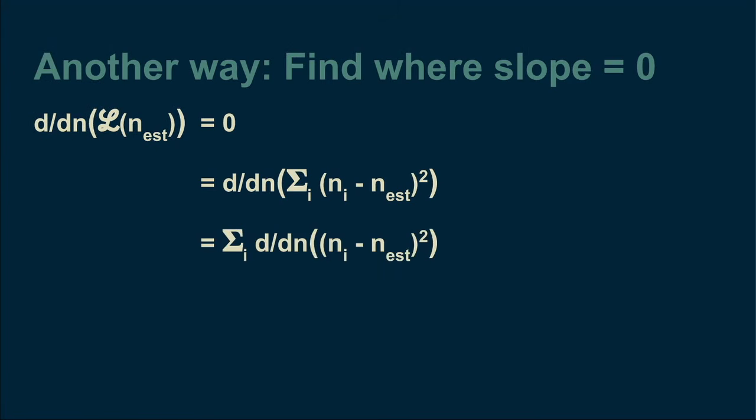And the derivative of a sum is the same as the sum of the derivatives. We take the derivative of that, just bring down the exponent, so 2 times that, summed. Because all that's equal to 0, we can divide it by 2 and it'll still be true. So now the sum of our deviations is 0.